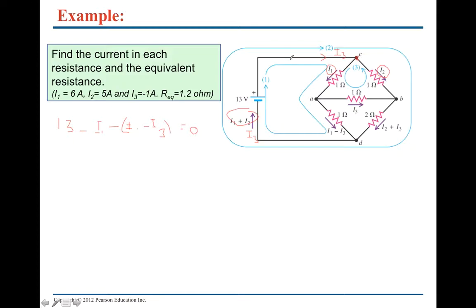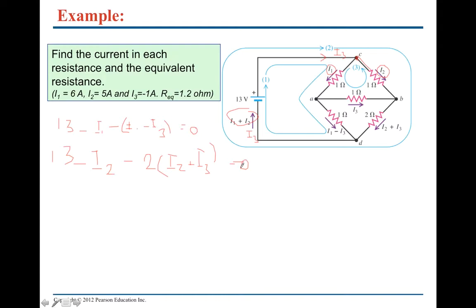Equation number 2, I can take loop 2. It will be again 13, and I'm going to go this way, which is again minus I2, and then minus I3 and minus 2 multiplied by I2 plus I3, is equal to 0.